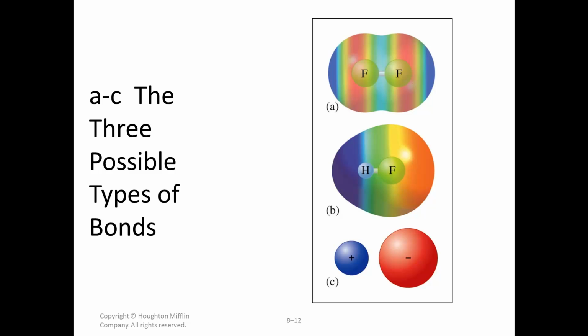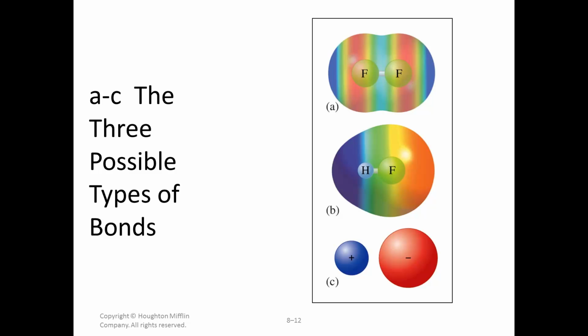We can have an uneven sharing of electrons, as is shown in B, between hydrogen and fluorine in hydrogen fluoride. Here we have a polar covalent bond, and we can have a full transfer of electrons, as is shown in C, where we form ions and have an ionic bond.